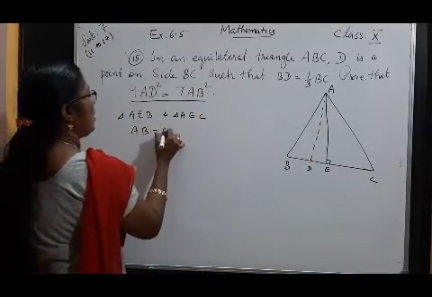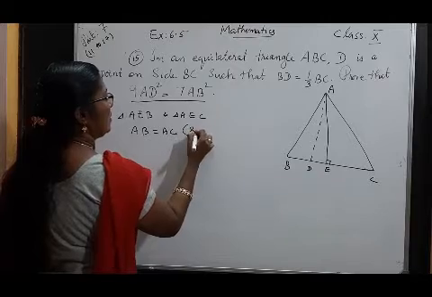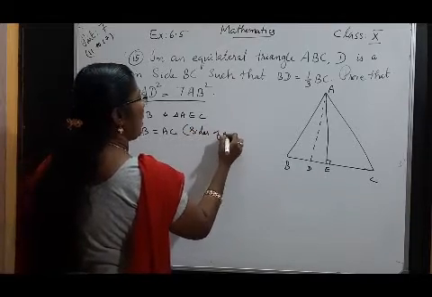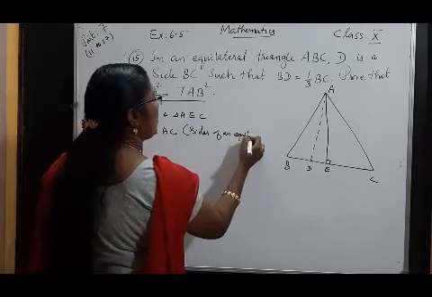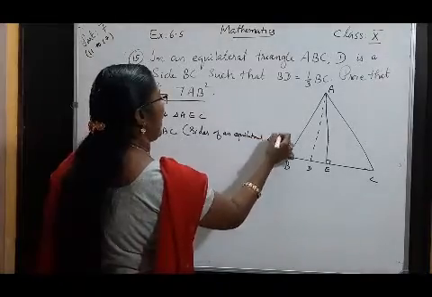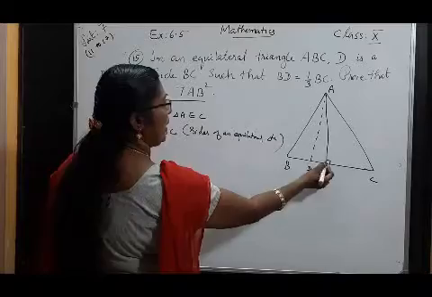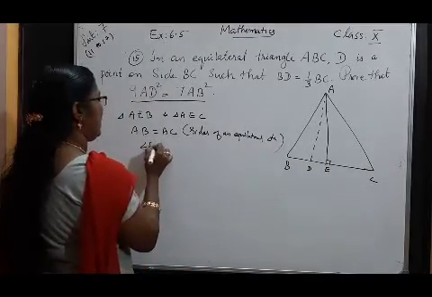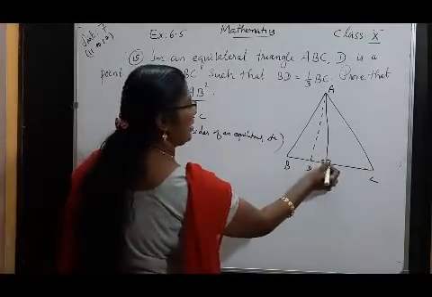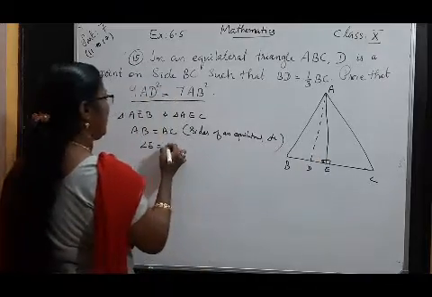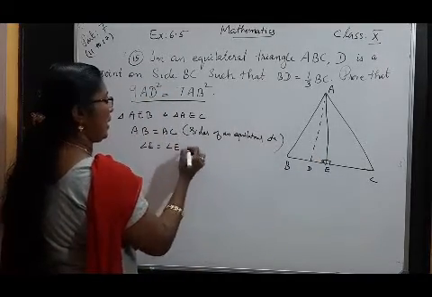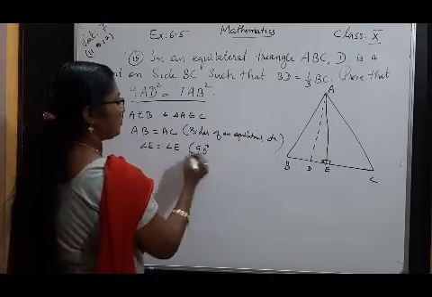AB equal AC, sides of an equilateral triangle. Okay. Then angle E is 90. Here angle E is also 90 degrees. In both the triangles, angle E is 90 degrees.